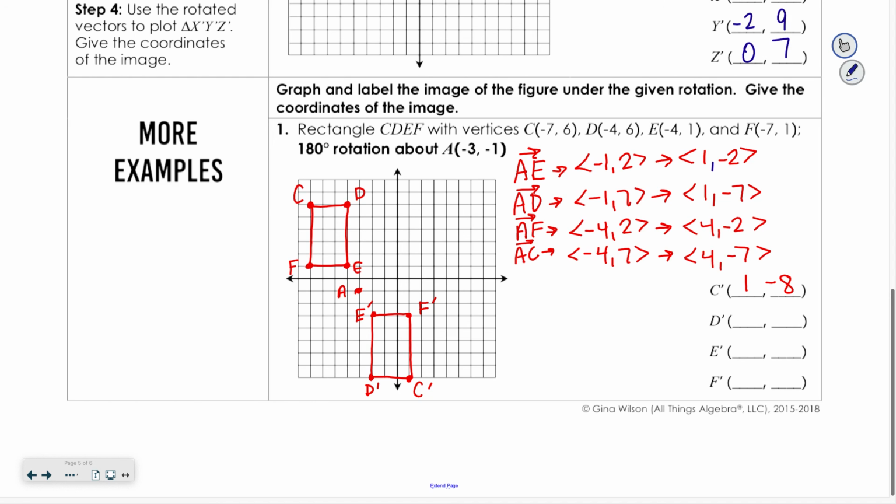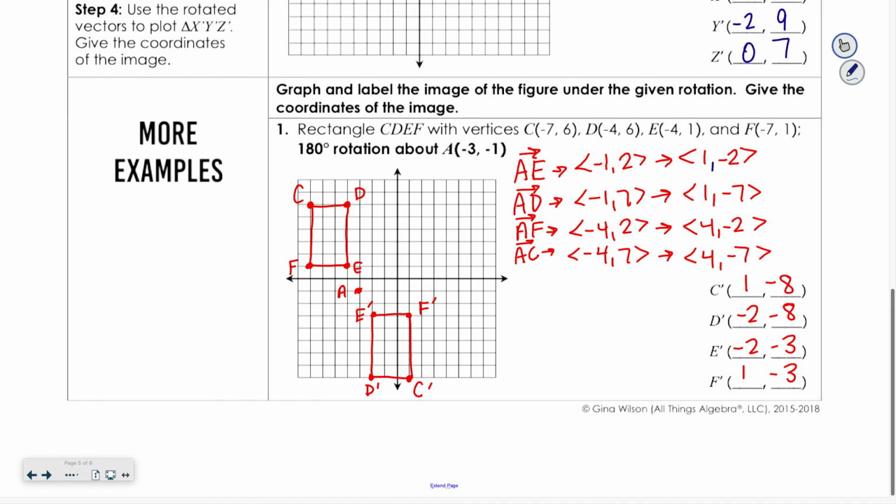What about D? -2, -8. Then I got -2, -3, and 1, -3.